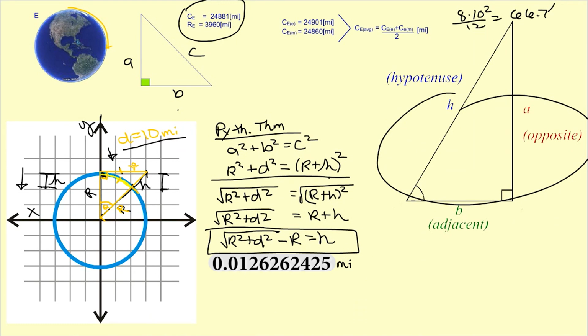Let's translate this. We want miles on the bottom. How many feet per mile? Because we want feet here. 5280. We can now cancel these units, miles. We're left with feet.